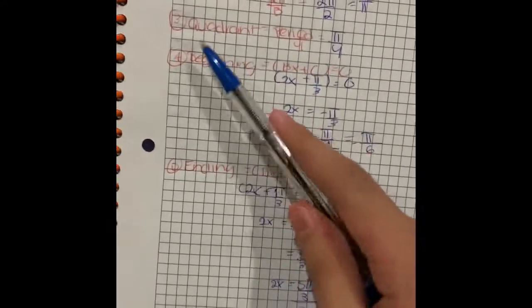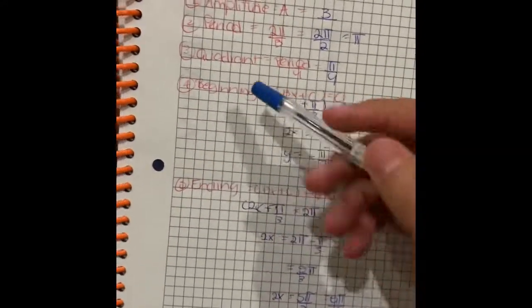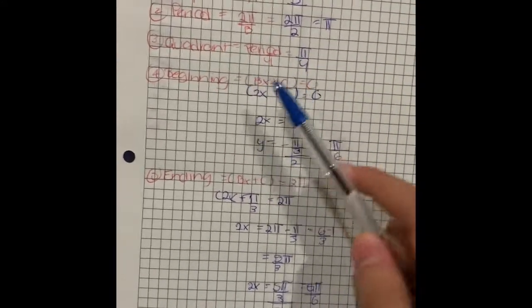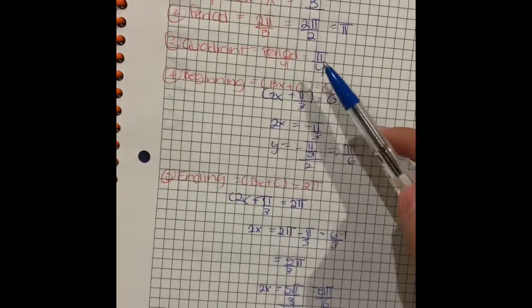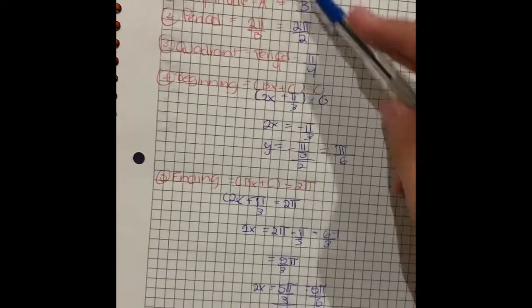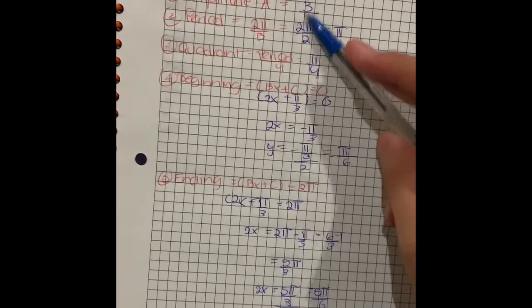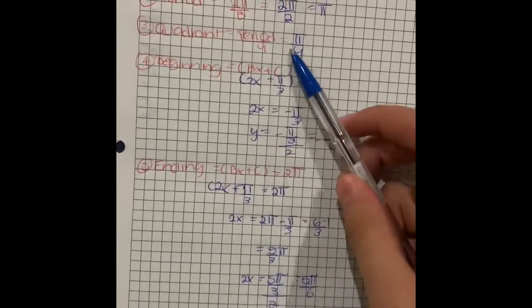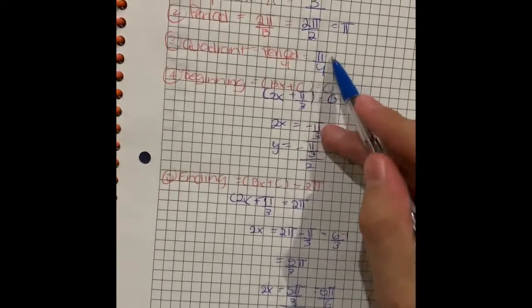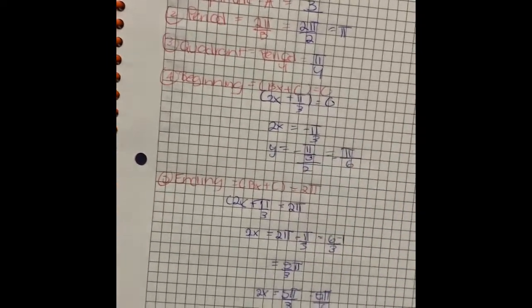Then we have the quarter period, that equals the period over 4, so we have as a result π between 4.